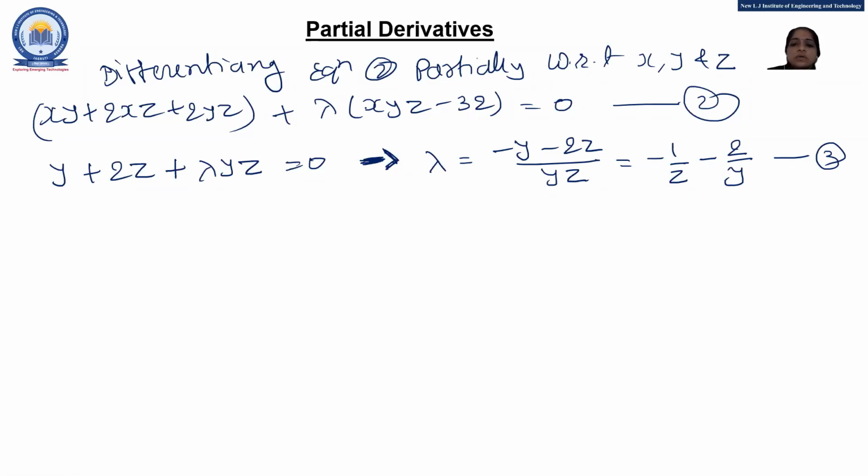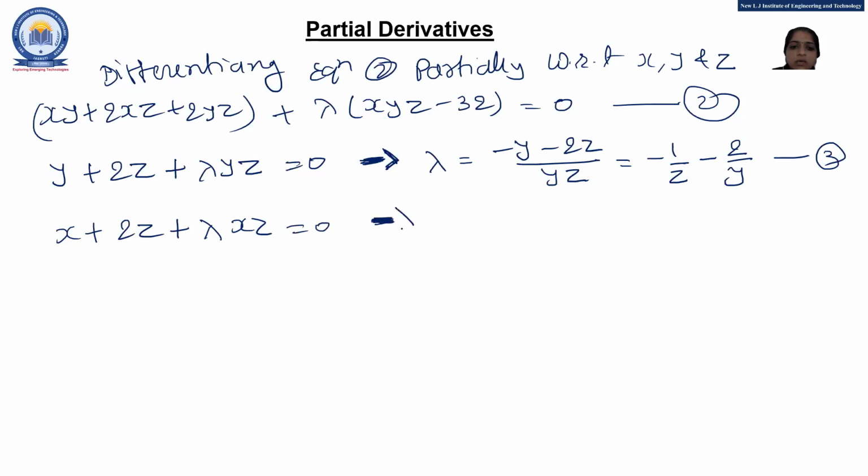Now, after differentiating partially with respect to y, the derivative of the first bracket with respect to y is x, plus here 2z plus lambda into xz, right, equal to 0.